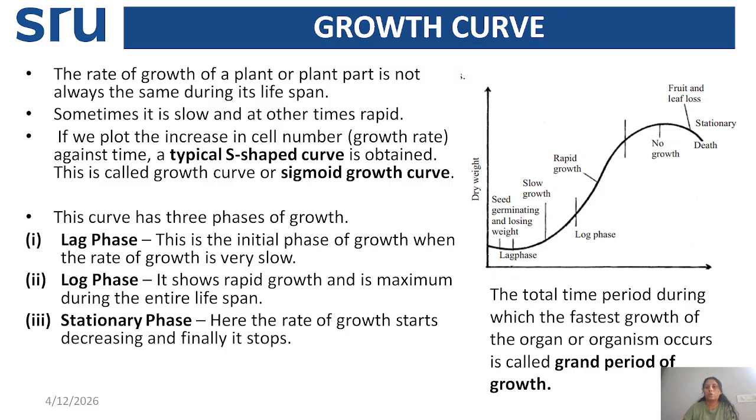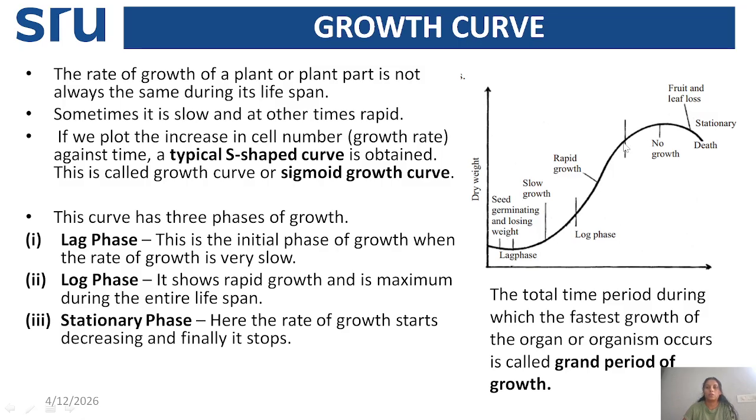Within 20 or 25 days, it almost completes its juvenile growth and enters reproductive growth by 45 or 50 days. So the log phase is a sudden rise in the growth of the plant.